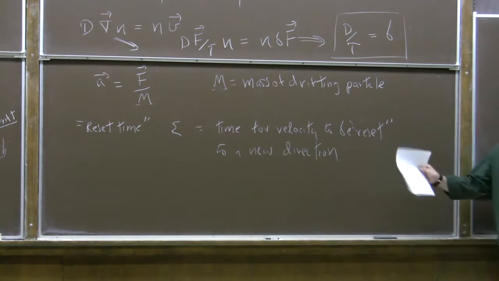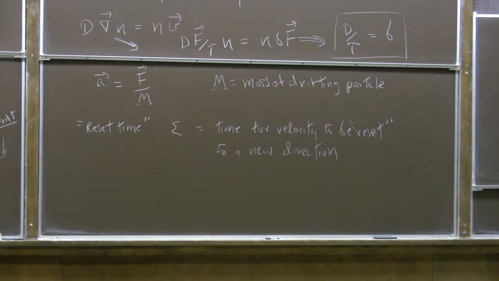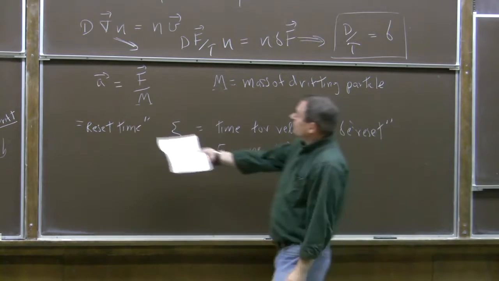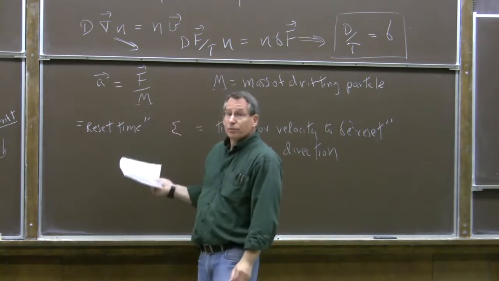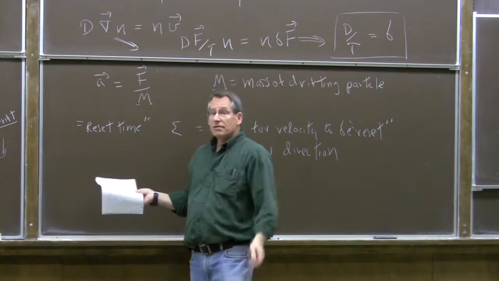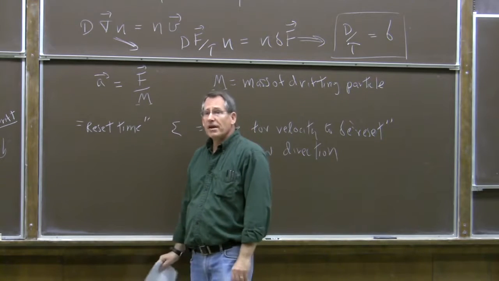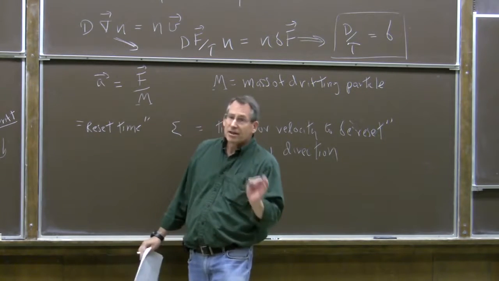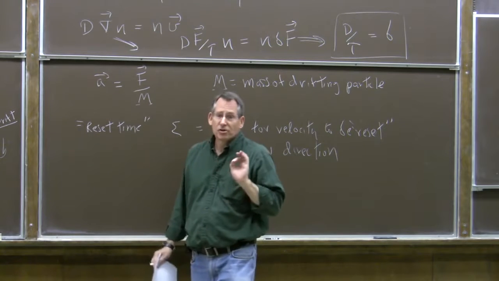Now that acceleration applied for that time is going to allow the particle to attain a component of its velocity in the direction of the force, which is the acceleration times the time, A epsilon. Actually, its average speed during the acceleration will be half that.